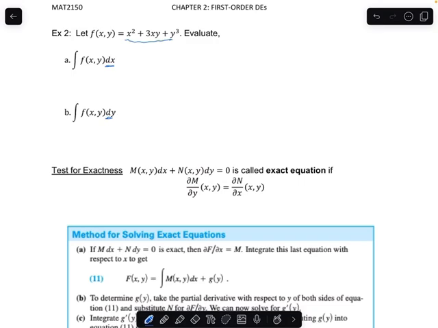So again, we will treat the functions of y as constant. So we get x cubed over 3 plus, so we are integrating with respect to x, so y is treated as a constant. So I have 3x squared over 2y. And then plus, now y cubed is constant, and integration will be just x times y cubed.